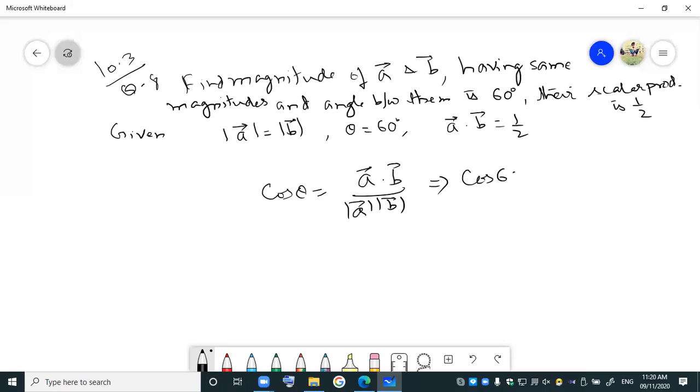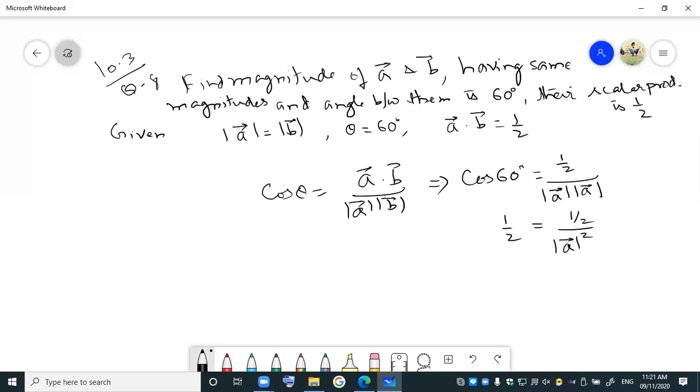Cos 60 degrees is equal to A dot B, which is 1 by 2, divided by magnitude of A and B. Both are the same, so we can write magnitude of A into magnitude of A. So magnitude of A square, and cos 60 degrees is again 1 by 2, and this 1 by 2 cancels the other, giving 1.